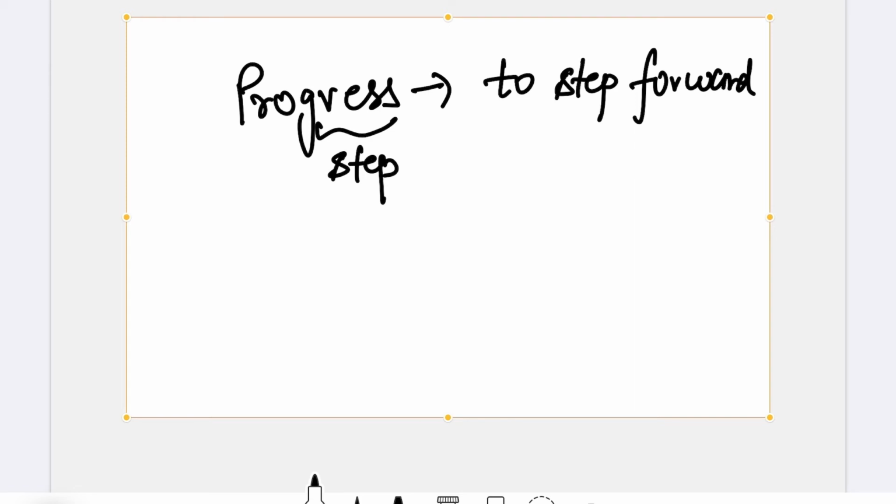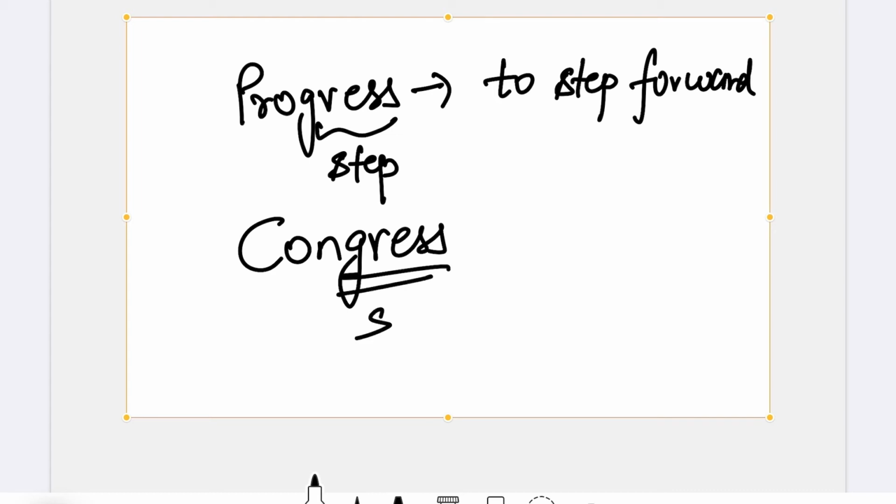Okay, now have you ever gone through the word congress? Gress is again step. Don't forget this. Gress is step. What is congress then? Congress means stepping together of elected members forming a political party for running the nation.